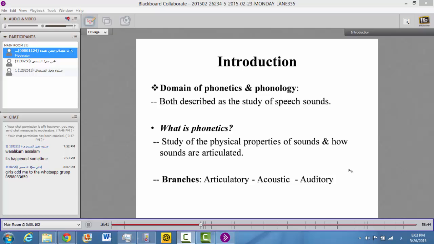Before that, remember the introduction when we talked about the domain of phonetics and phonology, and we said that both are concerned with the study of speech sounds. Phonetics focuses on the physical properties of sounds, how the sounds are articulated or produced.